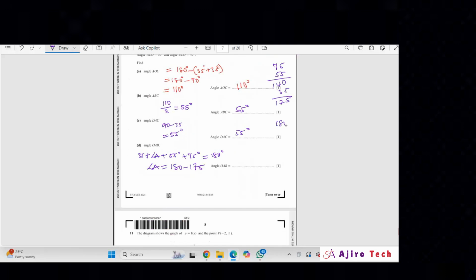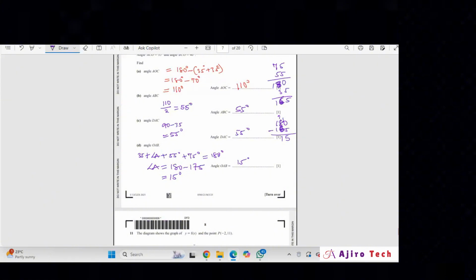So we are going to do 180 minus 165. 10 minus 5 is 5, and 7 minus 6 is 1. So angle A is going to be 15 degrees.